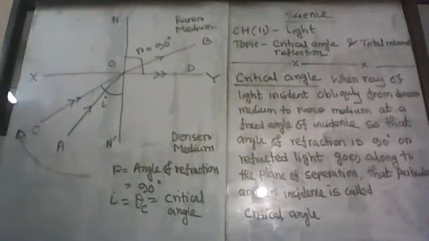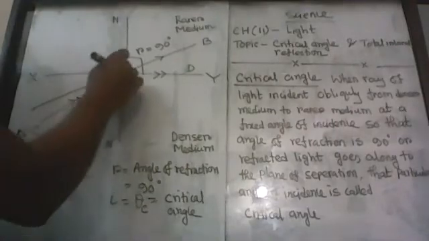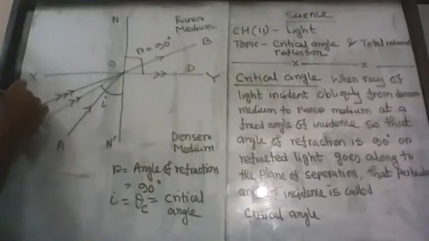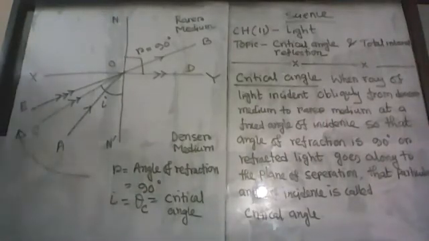Suppose for example another incident ray is denoted by the 3 arrow mark. So it is EON prime. This is the other incident ray. When this incident ray is incident at point O, then what is happening here?